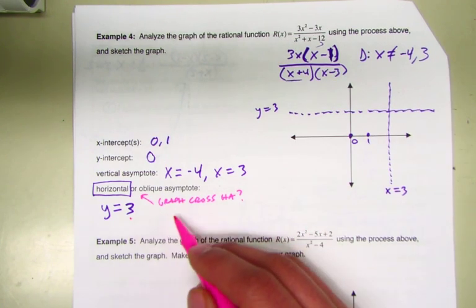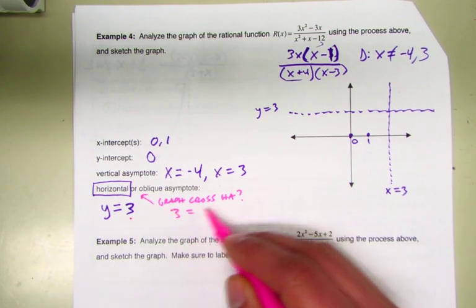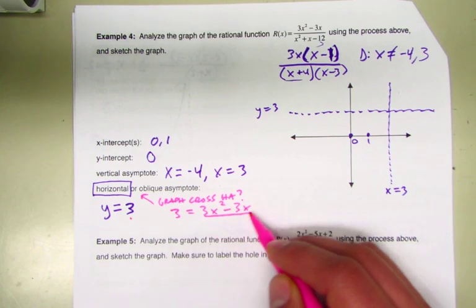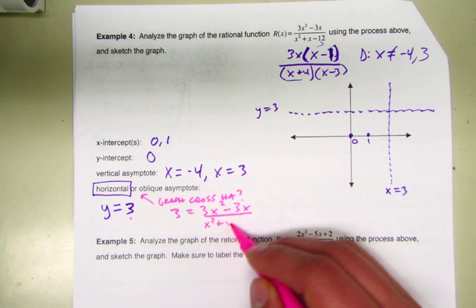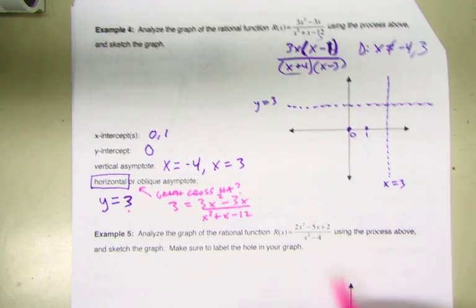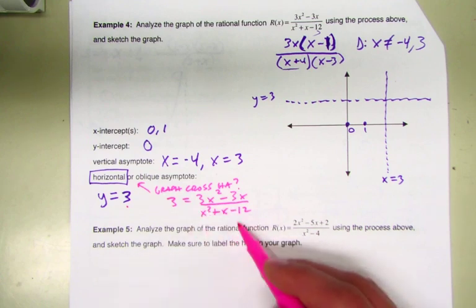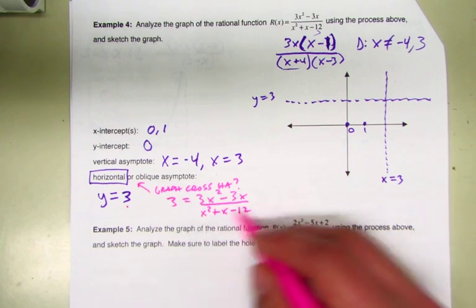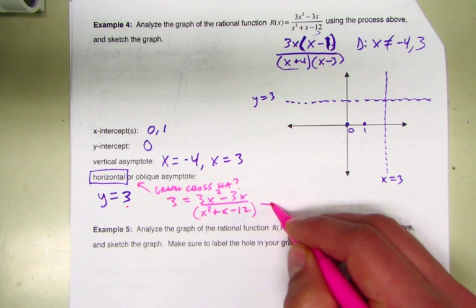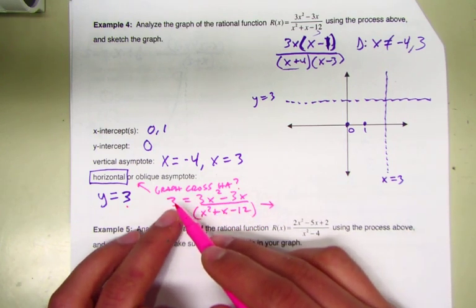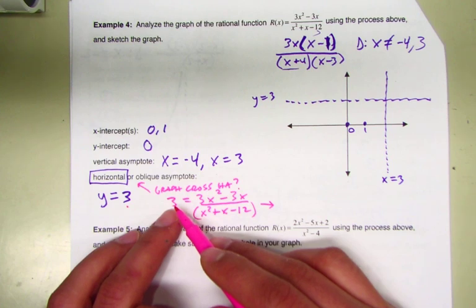And see what happens. So if I set 3 equal to 3x squared minus 3x divided by x squared plus x minus 12. What would I do first to solve for x? Multiply by this denominator, right? So if I take this denominator and multiply it to both sides, obviously on the left I have a 3 I got to distribute to it, right?